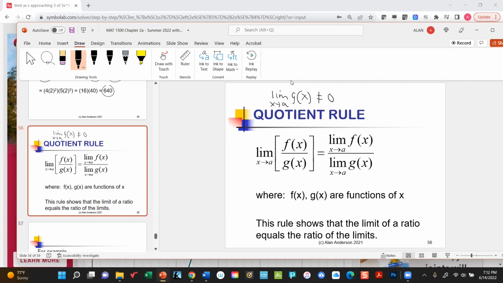If it is, there could be a workaround. We'll see later on. It still may be possible to find the limit, but it's going to be a lot more challenging, and it may not exist at all. So as long as we don't have division by 0, all we have to do is break this up into a ratio of 2 limits and solve for this algebraically.